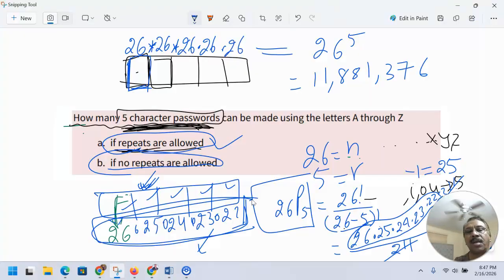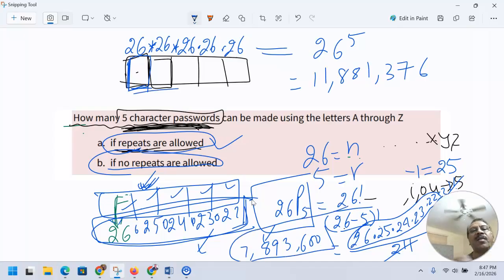So the answer becomes 7,893,600 total possibilities, different ways you can create this 5-letter password with no repetition. So each of these letters will be different. And I hope I'm making sense.